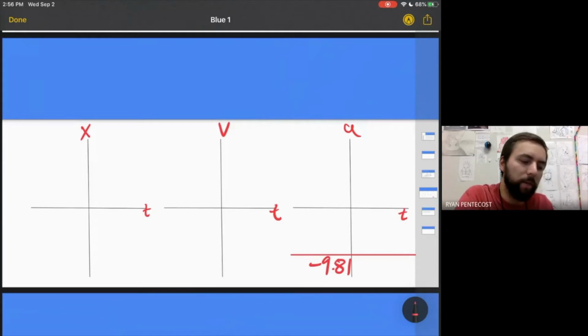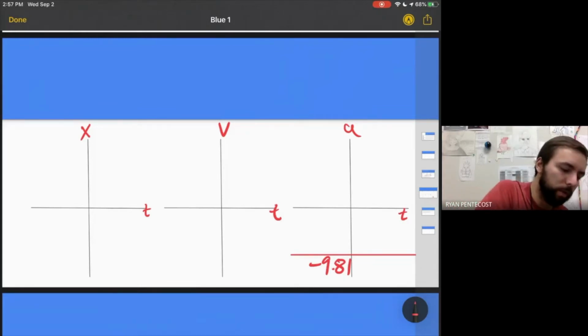Now that we have that information, we can determine velocity, right? Now velocity is going to be linear, right? So if we have a trio, if acceleration is constant, velocity is linear, and position is parabolic.